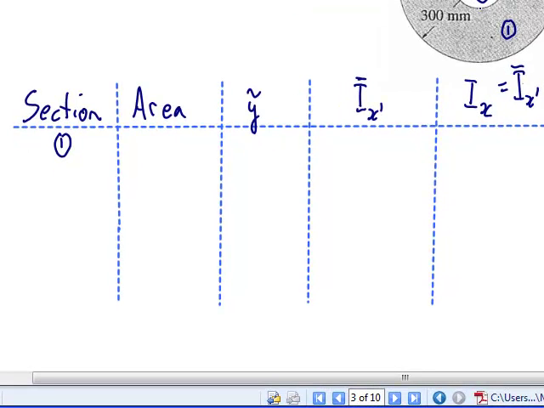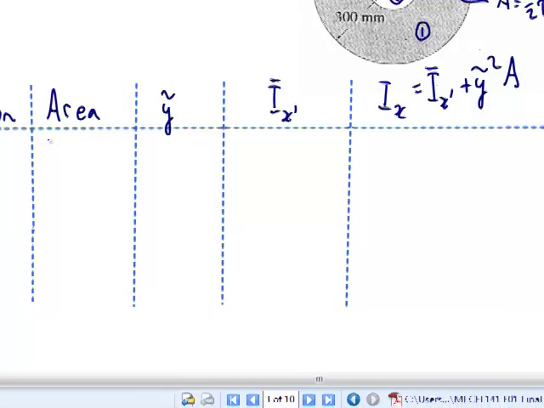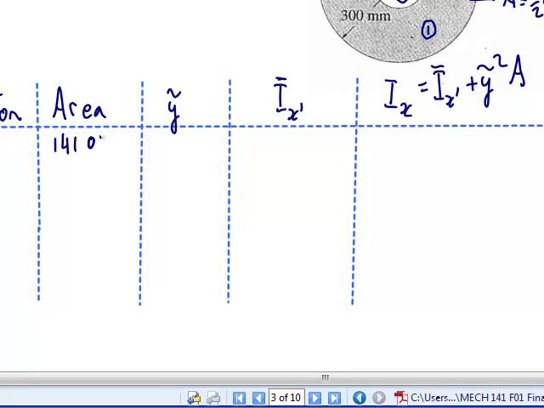So 1 is a semicircular area. So the area of a semicircle would be 1/2 pi r squared. That would be millimeters squared. And where would its centroid be?